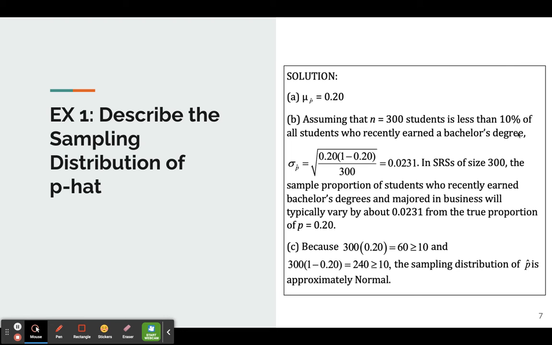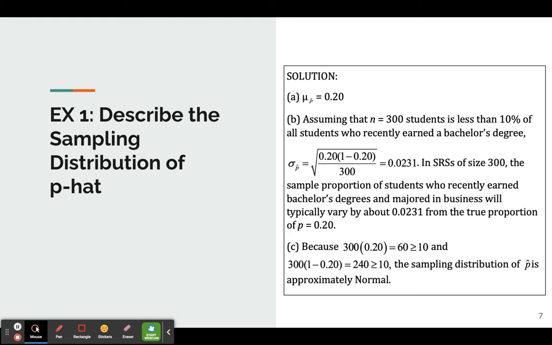Remember, we're going to verify that the 10% condition is true. We're going to use the standard deviation formula right here, and we get about 0.0231. And so in SRSs of size 300, the sample proportion of students who recently earned bachelor's degrees and majored in business will typically vary by about 0.0231 from the true proportion of p equals 0.2.